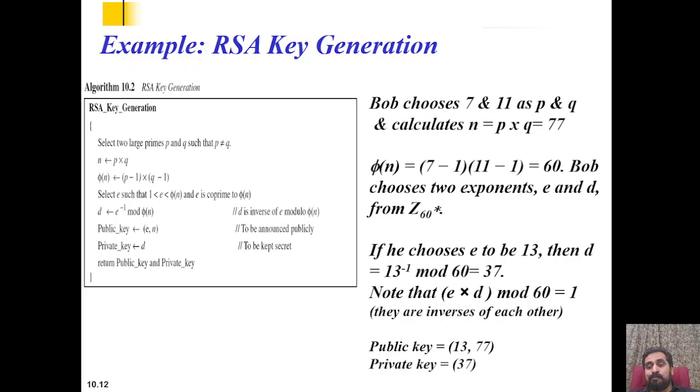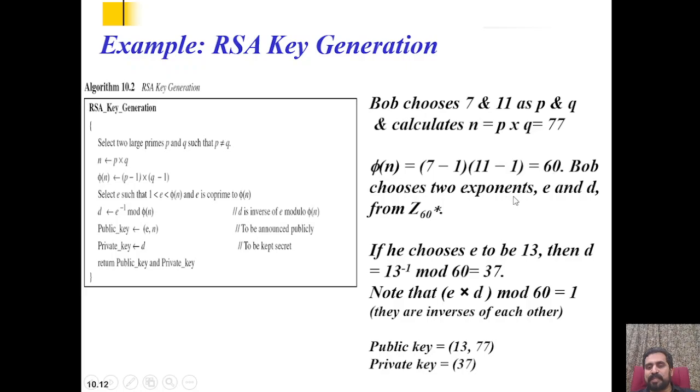Similarly, we compute phi of N, where we have 7 minus 1 and 11 minus 1, the multiplication of both numbers, and we get the result 60.